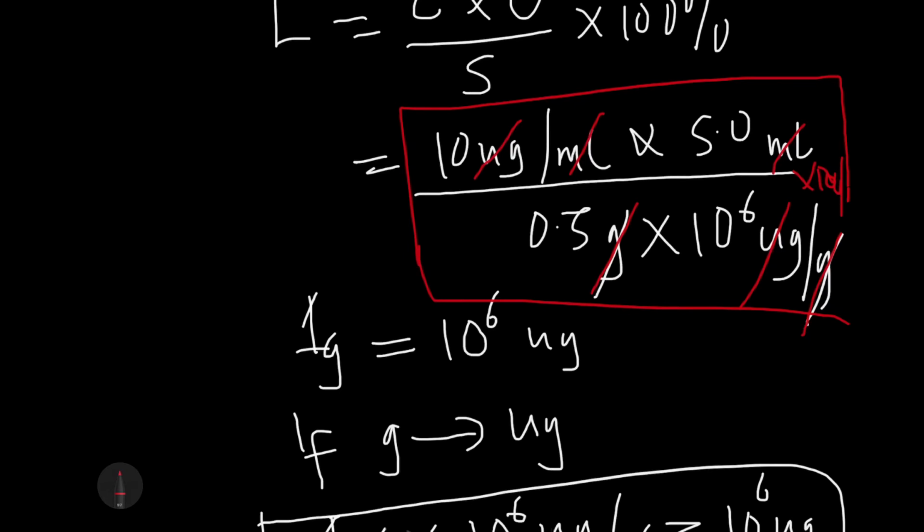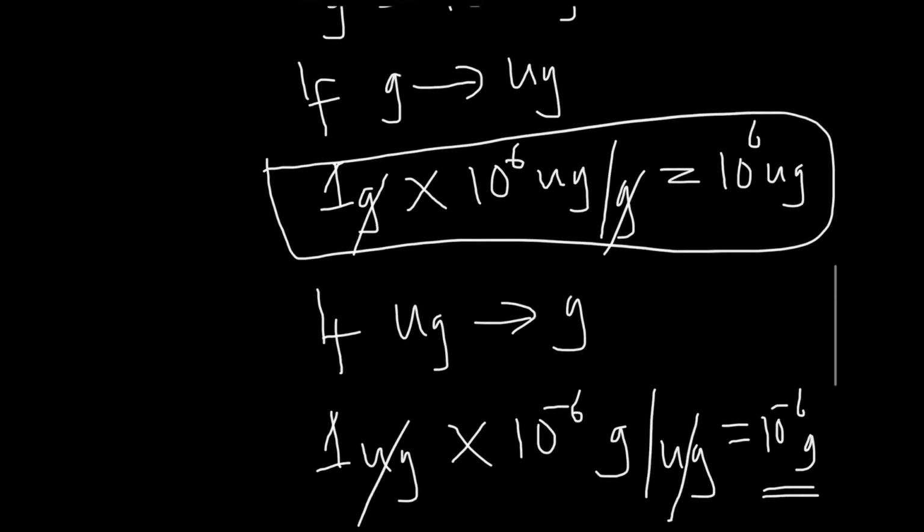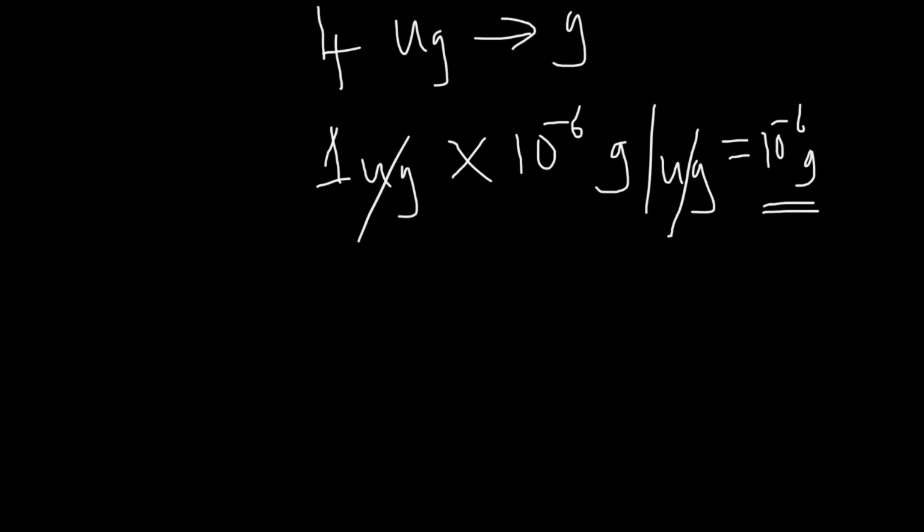Then I'll get this answer and multiply it by 100. The answer is 0.01%. Therefore, our chloride limit in paracetamol is 0.01 percent. So this is our chloride limit. As we said, impurity limit is expressed in percentages or in parts per million. So these are our values.